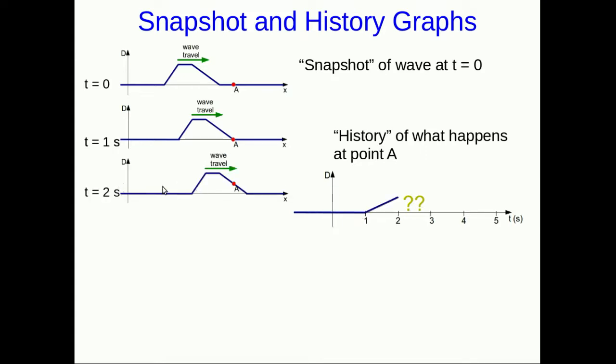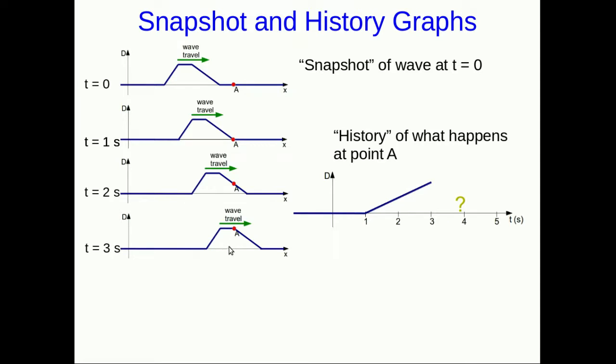But now at t equals 2, note that point A is partway up this leading slope of the wave. And so I've drawn an upward piece on the history graph, because if you imagine the times between this time and this time, that point A would be gradually rising upward as the wave comes under it.